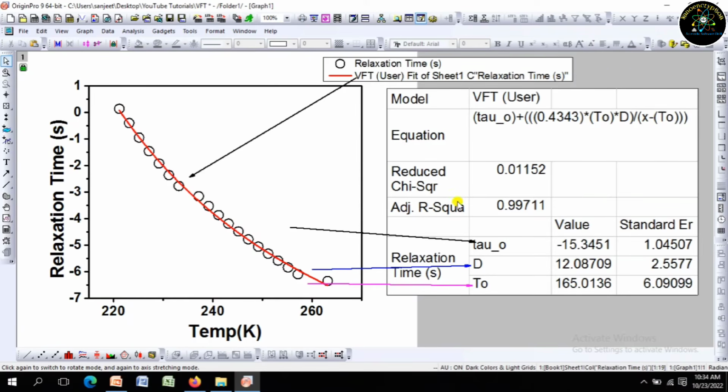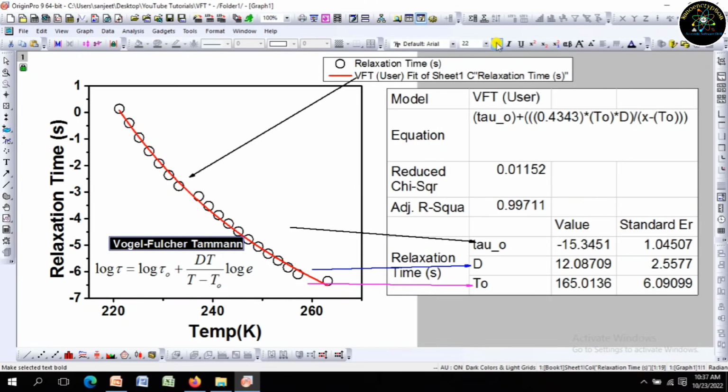This is the Vogel temperature, or VFT temperature. Nonlinear equations of VFT model.